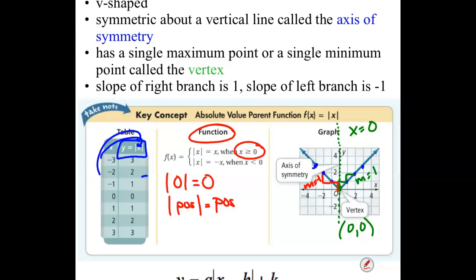The second statement says the absolute value of x comes out as the opposite of x. So if we plug a negative number in here, it's going to come out as the positive version. So it's going to be the opposite of whatever we dumped in, since that was already a negative number.